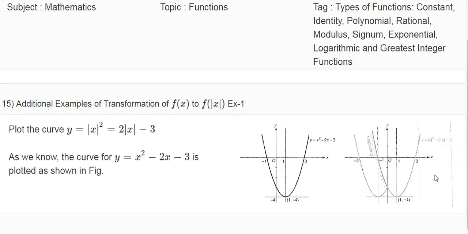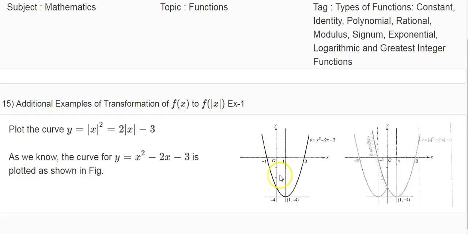Now this is a case of transformation from f(x) to f(modulus of x). Wherever we had x in this, we have replaced it with modulus of x. The graph of y is equal to x square minus 2x minus 3.